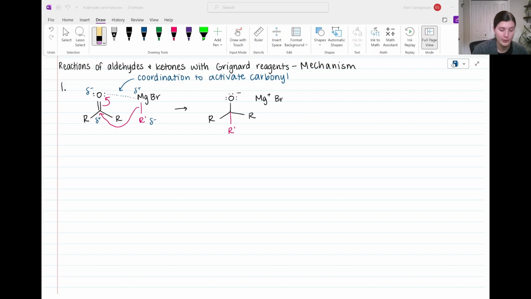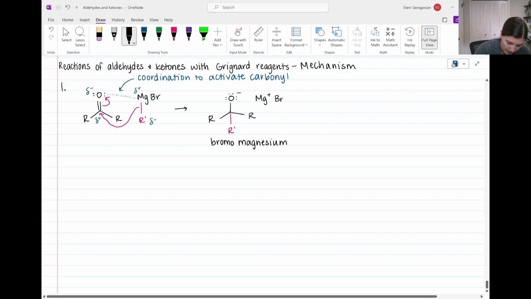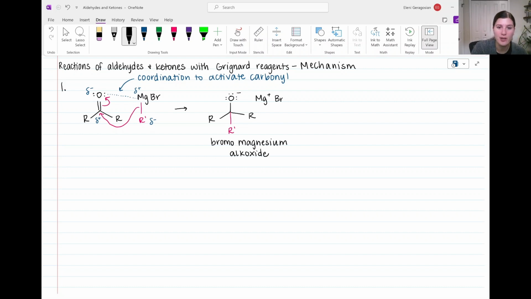So these intermediates, after this step, we call this set of molecules a bromomagnesium alkoxide. We have the alkoxide molecule, that's the organic part, and then we have bromine and magnesium. Now this whole step occurs in an ether solvent.